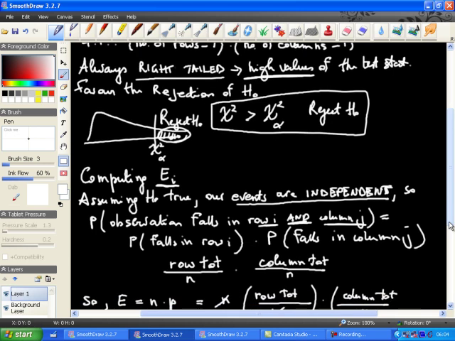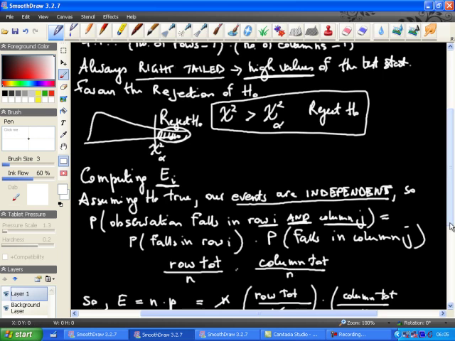Now, the P stands for probability. So the probability that it falls in row i is the number of favorables, so the row total, divided by the number of possible, so n, multiplied by the same thing for falling in column j. The probability is the number of favorables, the column total, divided by n.